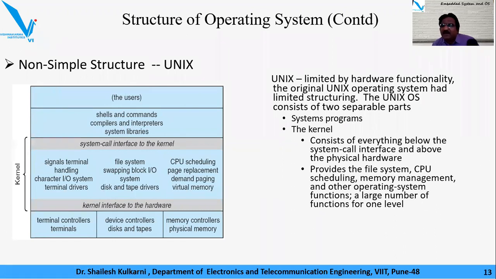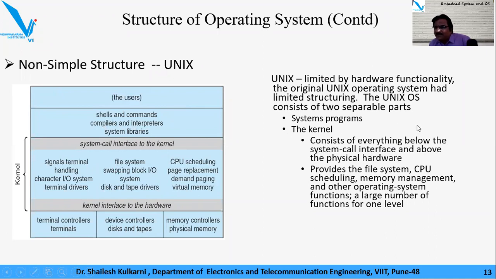It is basically limited by hardware functionality. The original Unix operating system had limited structuring. The Unix OS consists of two separate parts: number one is system programs and second is the kernel. The kernel consists of everything below the system call interface and above the physical layer.